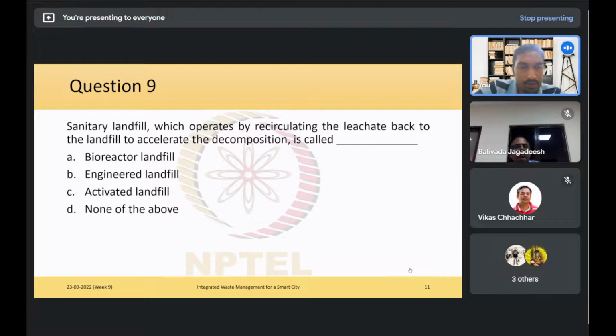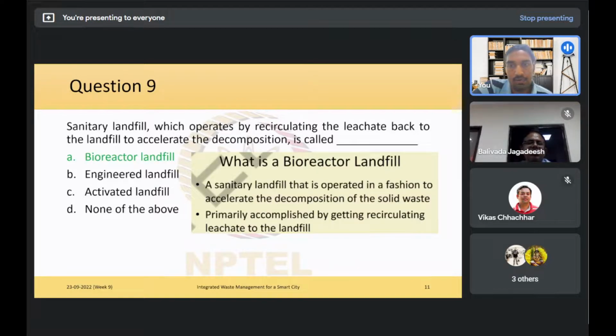Yeah, another answer also says option A. Yes, so the correct answer is option A, bioreactor landfill. So that's the definition of a bioreactor landfill.